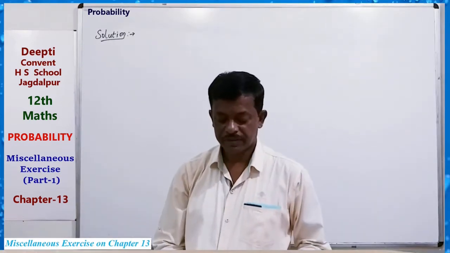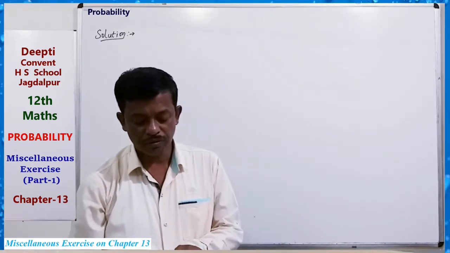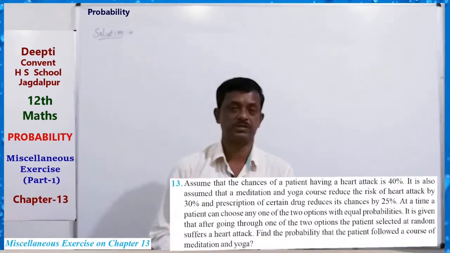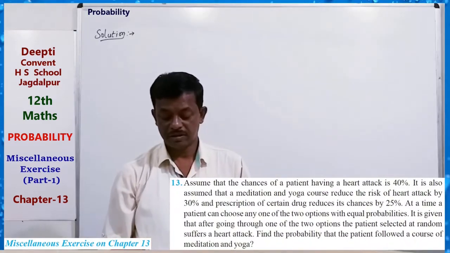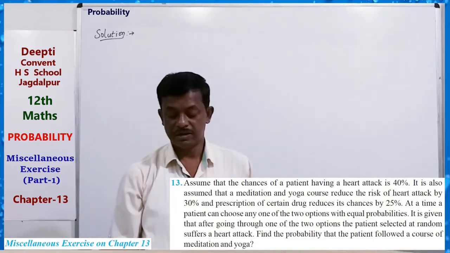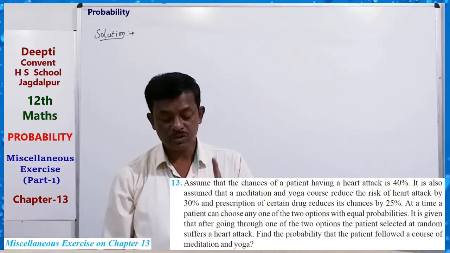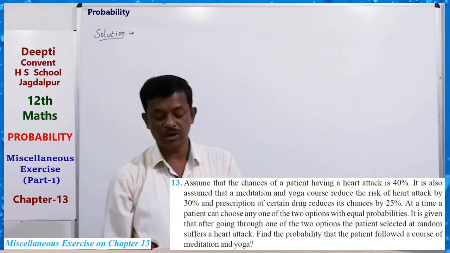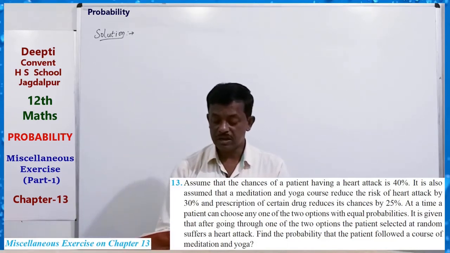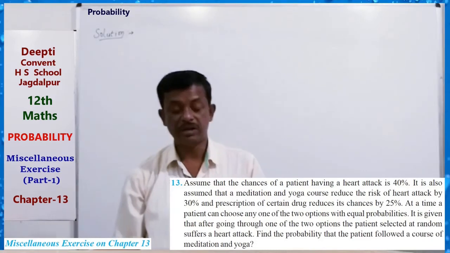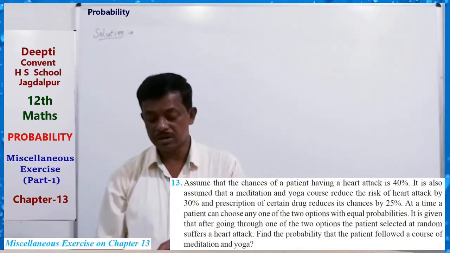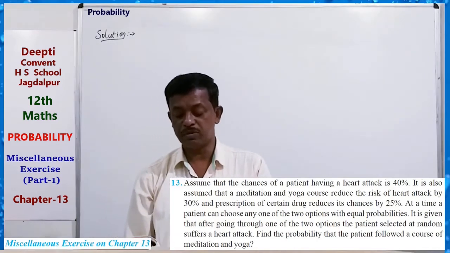Question 13. Assume that the chance of a patient having a heart attack is 40%. It is also assumed that a meditation and yoga course reduces the risk of heart attack by 30%, and prescription of a certain drug reduces its chances by 25%.